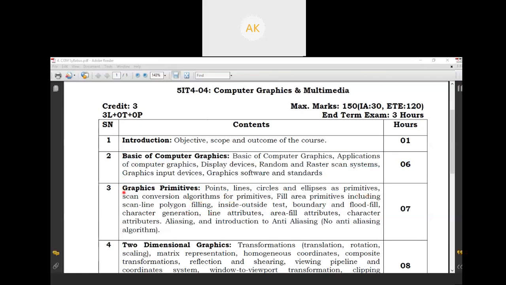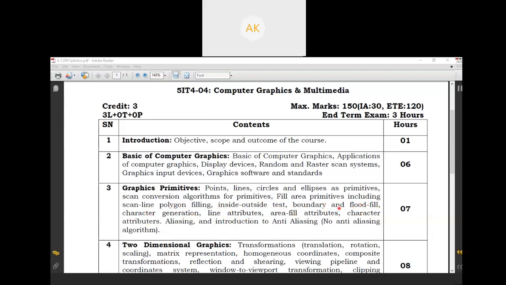So in this second unit on graphics primitives, we will discuss different algorithms to plot points, lines, circle, ellipse, and different algorithms for all of these primitives. And next, we will discuss different area filling algorithms like boundary filling, flood filling, the different kinds of tests we perform, inside test, and polygon filling, how we fill an object using these algorithms.